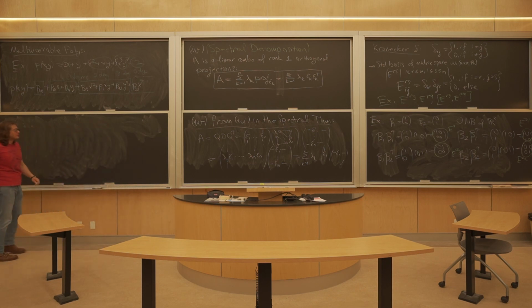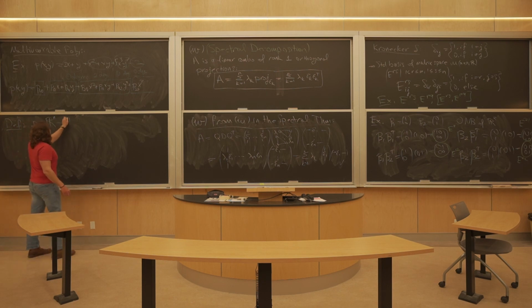Now, I really need to think about multivariable polynomials. When I'm thinking of a polynomial, I'm really thinking of a function on Rn. Here it was R2. I had 2 variables. Now I have n variables. Maybe I should write it like this.